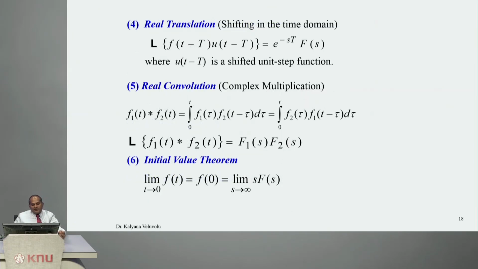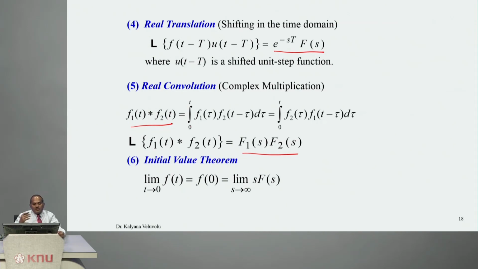Then the real translation, that is the shifting in the time domain. For f of t minus T times u of t minus T, you have e power minus sT times F of s. Convolution is like multiplication in the frequency domain. If you convolve 2 signals in the time domain, they become a simple multiplication in the frequency domain. Convolution is defined as the integral from 0 to t of f1 of tau, f2 of t minus tau. If you are not familiar with convolution, don't worry, you can ignore that.